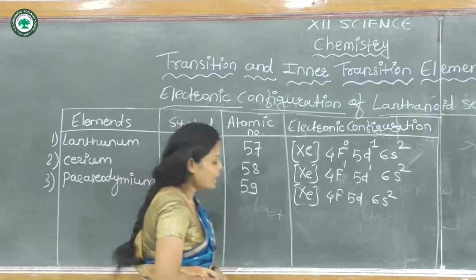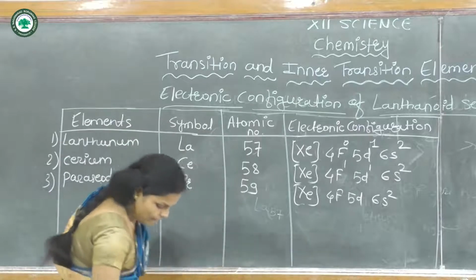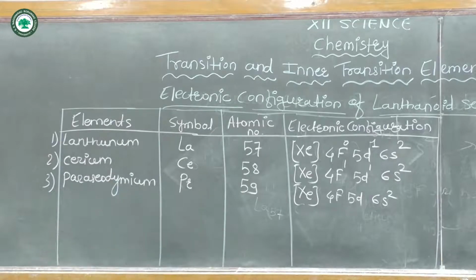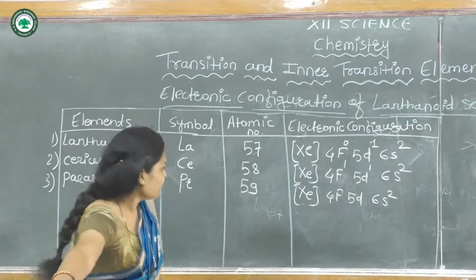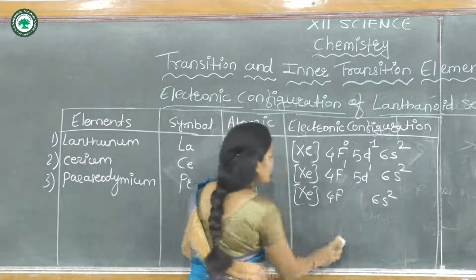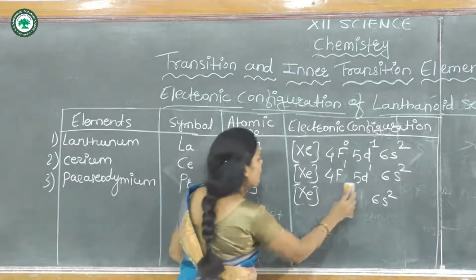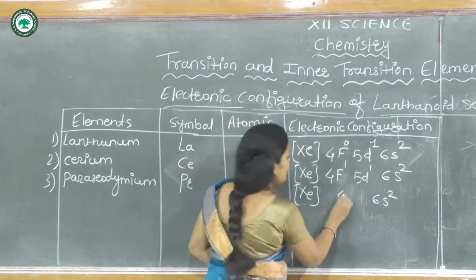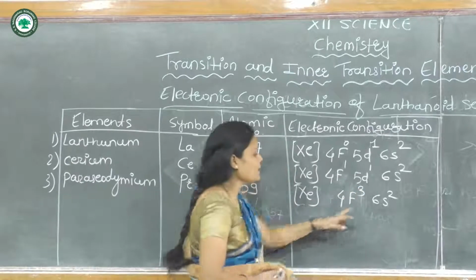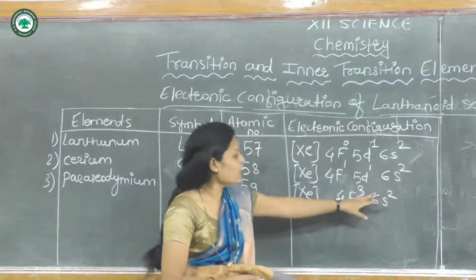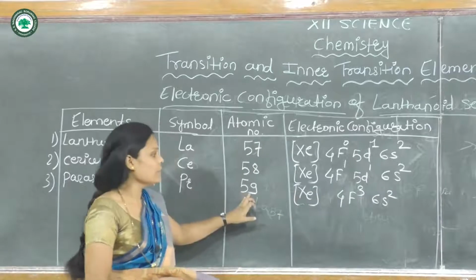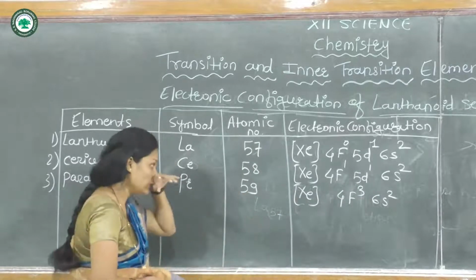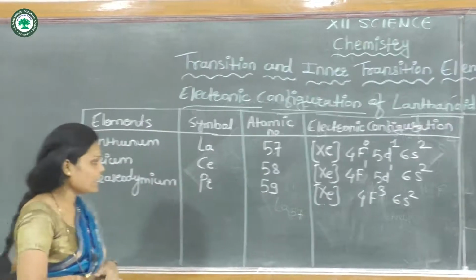Here 3 plus 2 is 5, and 54 plus 5 is 59. We can calculate it.